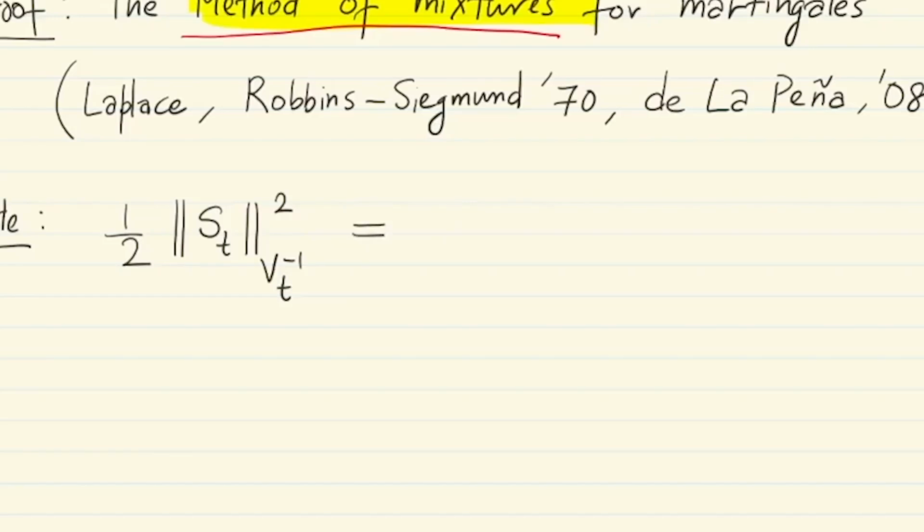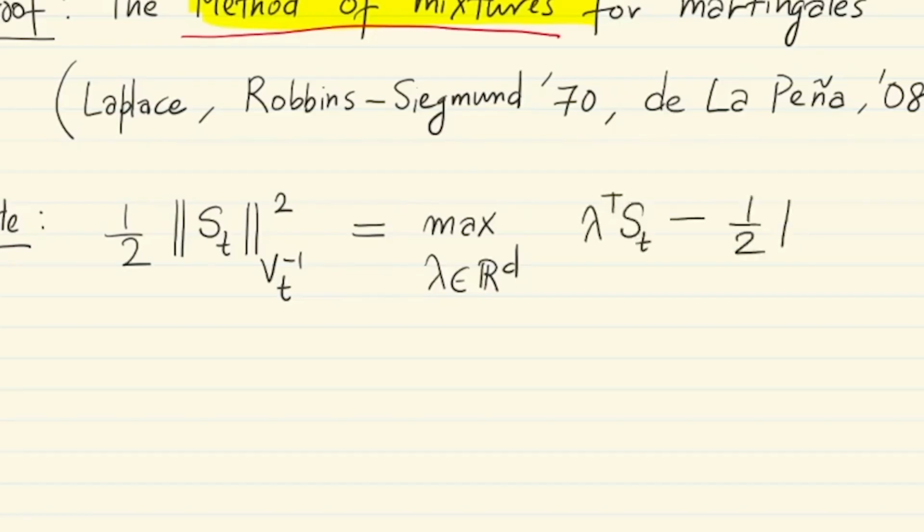In fact, you can show just by linear algebra that this is the solution to the following variational problem: the max over lambda in R^d of lambda transpose S_T minus half the V_T norm squared of lambda. Okay, so this is an identity that expresses a matrix weighted norm as the solution to an optimization problem involving the weighted norm of the inverse matrix on the other side. So V_T inverse becomes V_T on the other side.